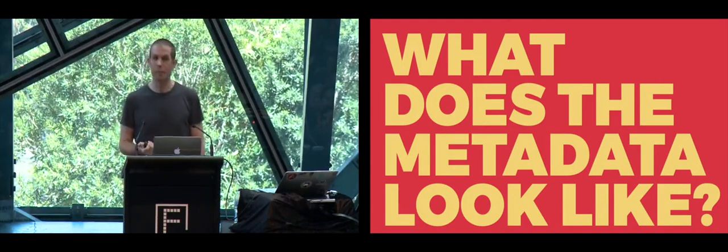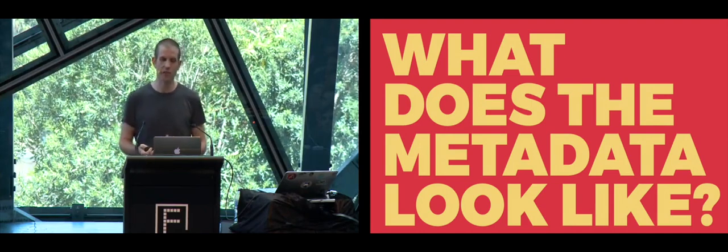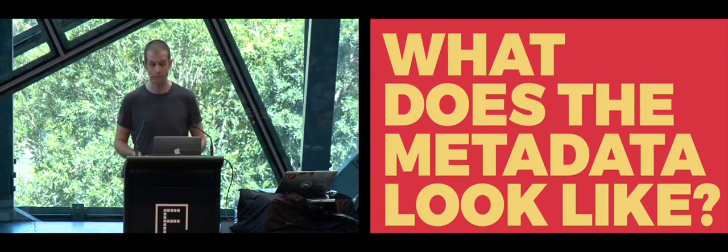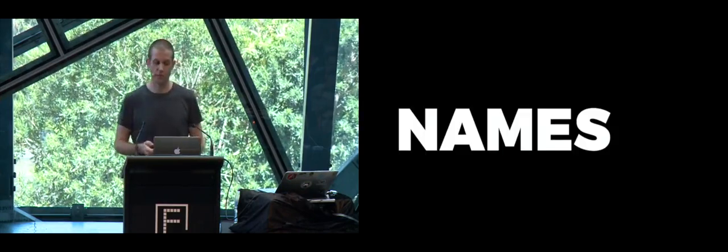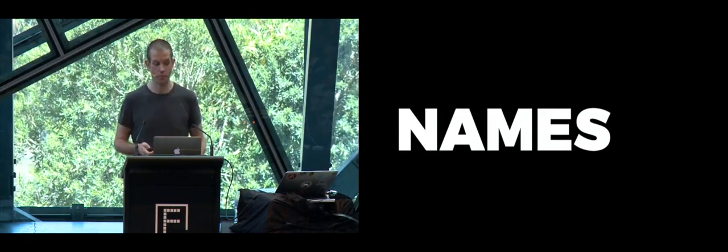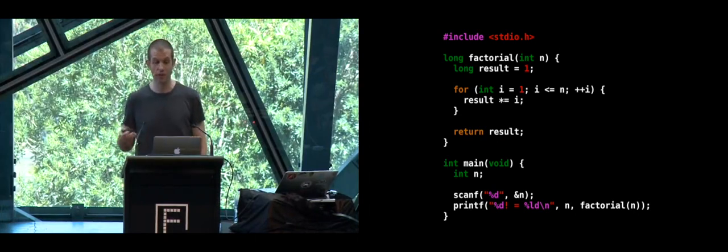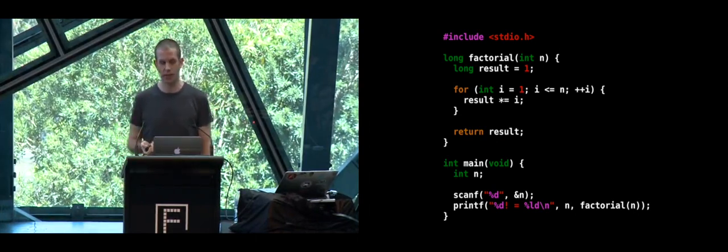And this question is independent of whether the types are static or dynamic. It's about deciding what kind of information we want to record about how to interpret values, regardless of where we record it. Most type systems you've seen are probably nominal type systems. That means the types are just names. Like in the C example, which uses names like int and long and void to identify the types. And this is by far the most common kind of metadata.